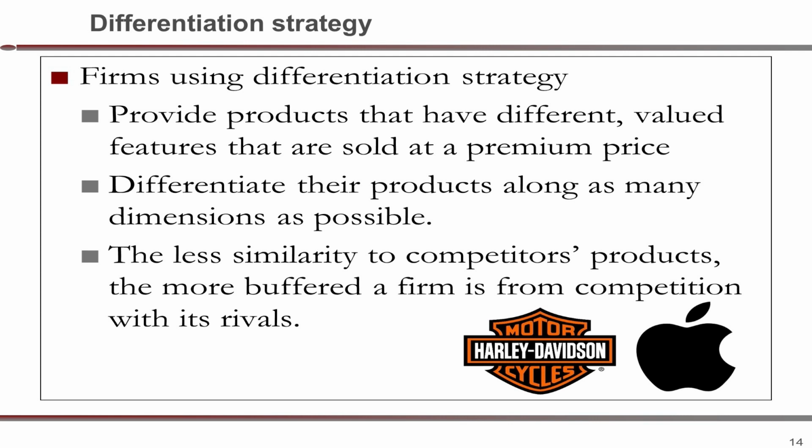If they lose that differentiation along one dimension, they still have the other dimensions that they have set up in ways that their product is different or unique. The less similar to their competitors' products, the more buffered the firm is from competition with its rivals, because it's harder for a firm to compete with you if you have established that your product is somehow markedly different from their products.